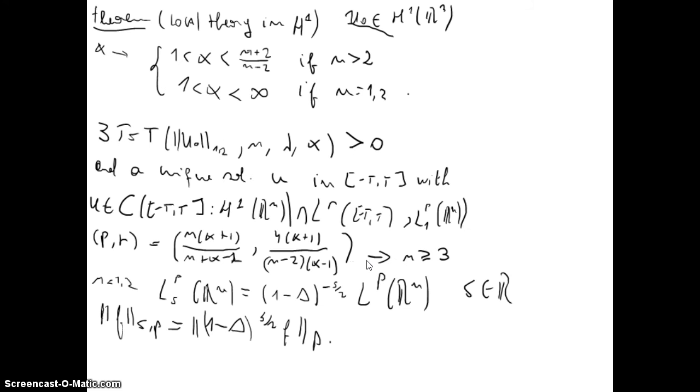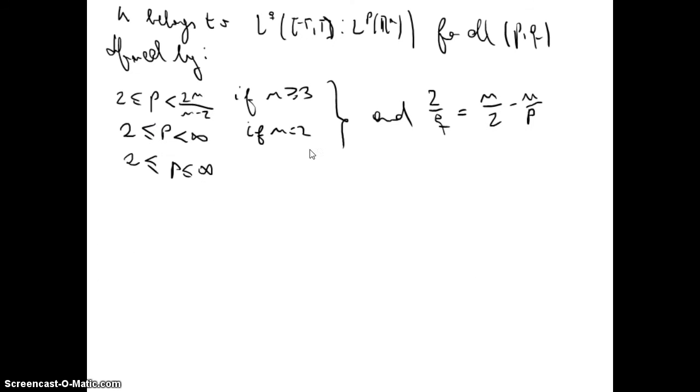So notice that rho, r, this pair, is an admissible pair, if we see in the corollary of the local theory in L2, when we say that this in L^r L^rho is satisfying these conditions for the different dimensions.